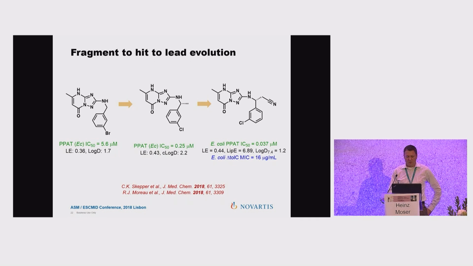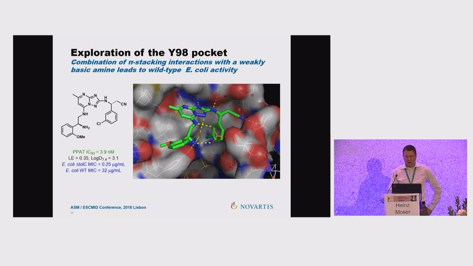So just in a nutshell, we started from this fragment on the left side. You can see it was pretty decent already, sub 10 micromolar. With structure-based design, we optimized it and got much better pretty quickly, to 37 nanomolar on the right-hand side. We then optimized it further, and those 2 papers will cover that work.